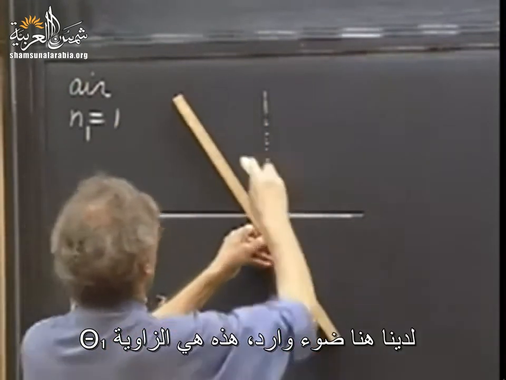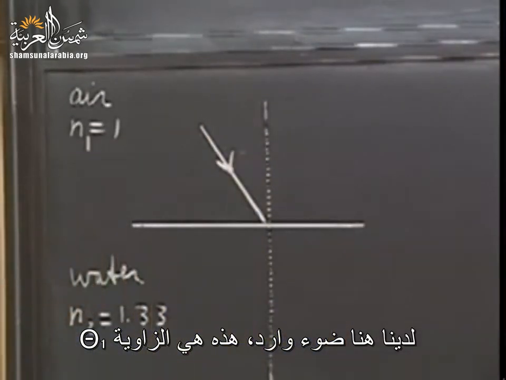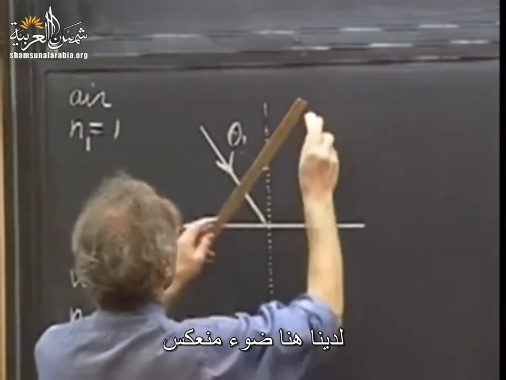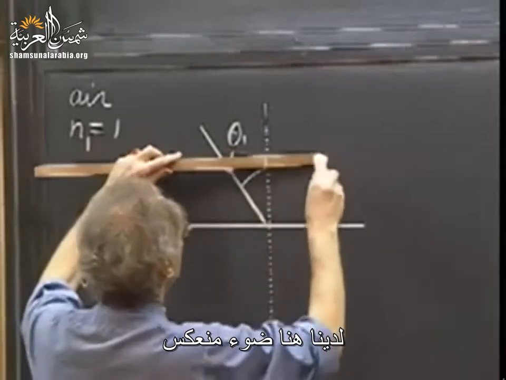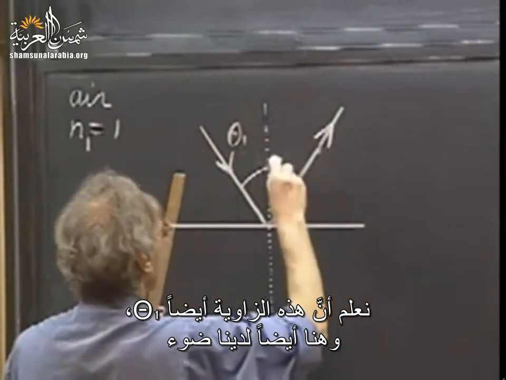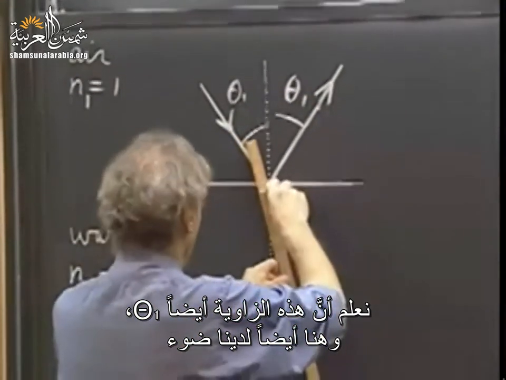And so here we have light coming in, and this angle is then theta 1. And here we have light being reflected, and we know that that angle is also theta 1. And then here we have light.